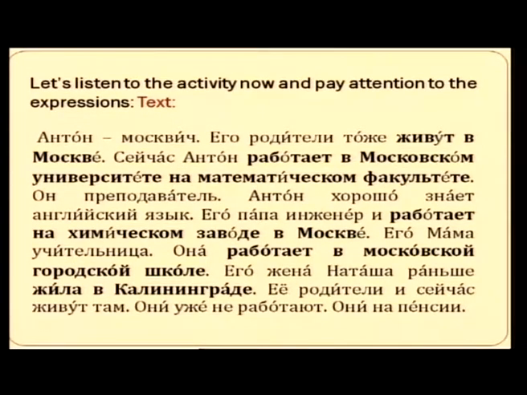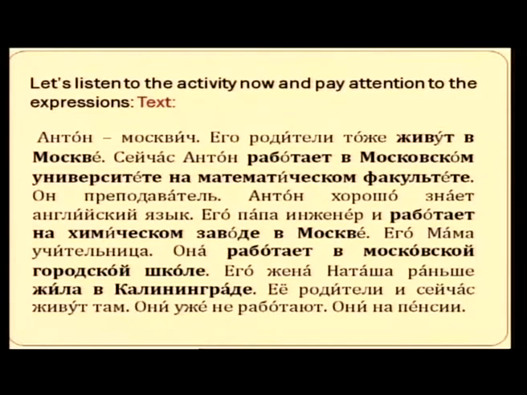Here we have used the possessive pronoun его for the father of Anton. Его папа инженер. Он работает где? Он работает на химическом заводе в Москве. So here химический has been used in prepositional case as на химическом заводе.